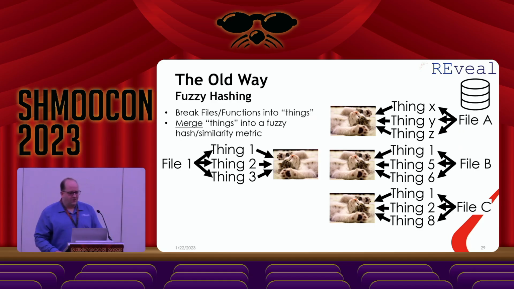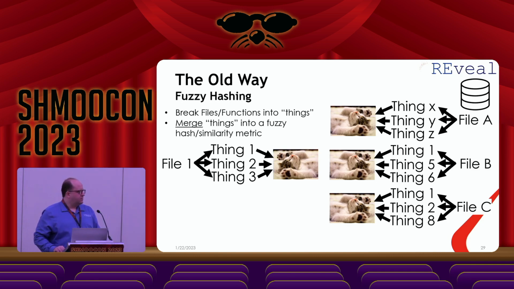All right, the old way. So in the old way, you have a file that you're searching for on the left, and a database of files on the right. You can break files or functions into things, and what those things are varies depending on the algorithm. Maybe you're using little bytes in these fuzzy hashing algorithms, or you're using the mnemonics of the functions to try and match functions by mnemonics.